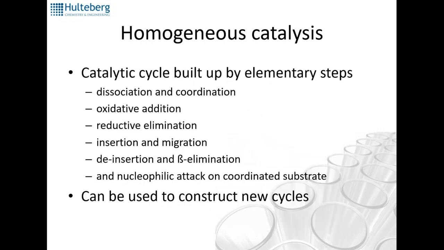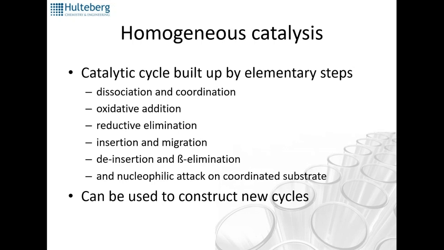To make a catalytic cycle in homogeneous catalysis, we talk about elementary steps. These elementary steps are normally found in organic and complex chemistry. They can be dissociation and coordination, oxidative addition, reductive elimination, the insertion and migration reactions, deinsertion, beta elimination reactions, which are the reverse of the previous ones.